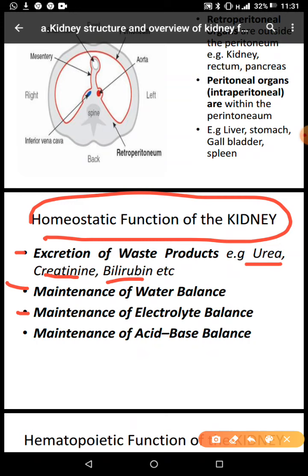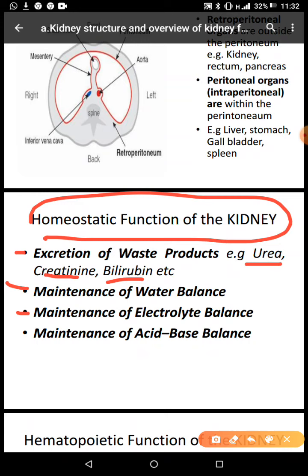Electrolytes are substances dissolved in an aqueous environment, in water, in aqueous solutions, such as sodium, potassium, calcium, bicarbonates, chlorides, sulfates. These are electrolytes. So the kidneys ensure that these substances are regulated.